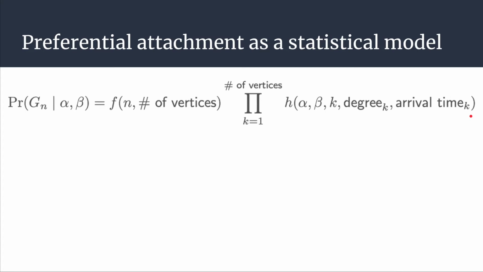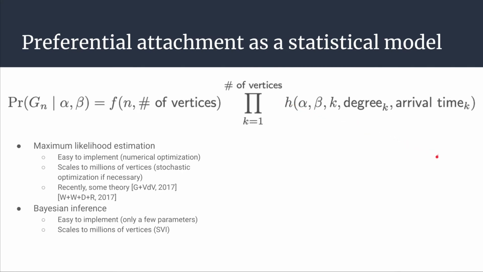Okay, so in this case, the likelihood has this form that factorizes over the vertices, and it turns out we can optimize this numerically with respect to the model parameters quite easily. And this works well even for really big networks with millions of vertices, tens of millions of edges. If we wanted to fit maximum likelihood to even bigger networks, we could use stochastic optimization.